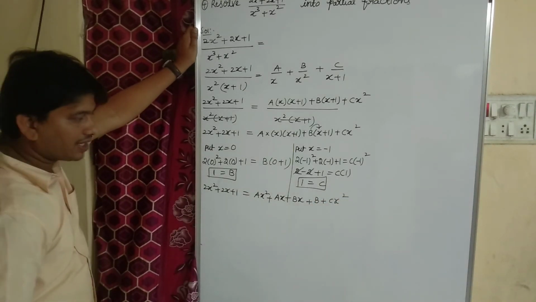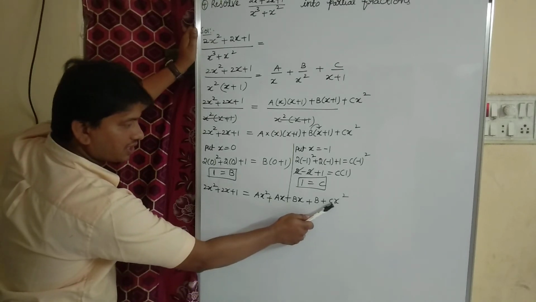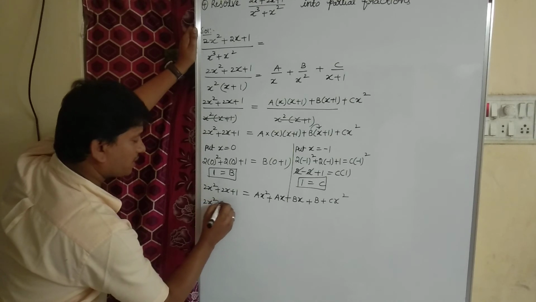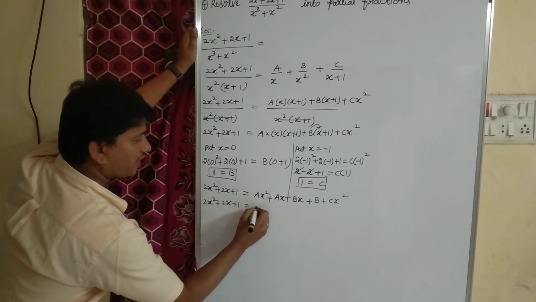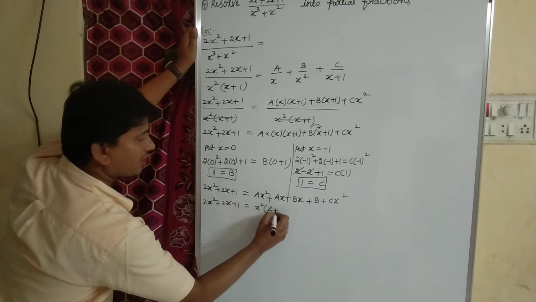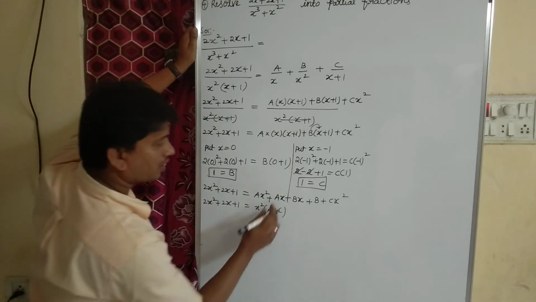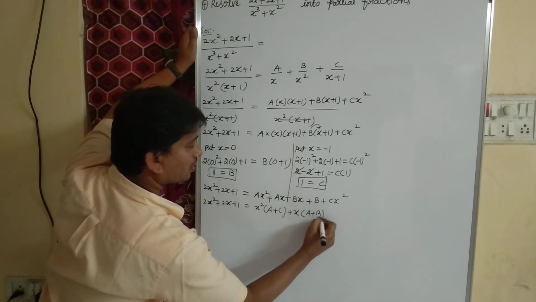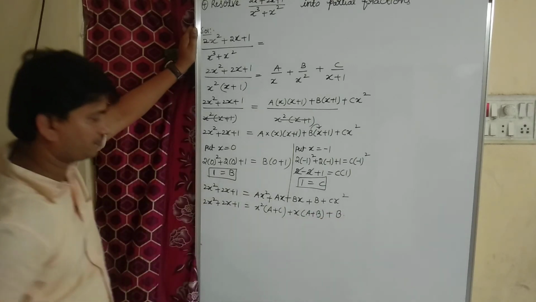So if you see the right hand side, x square terms here, this is cx square, this is ax square. So 2x square plus 2x plus 1 equal to, if I take x square common, I will get a plus c. If I take x as common here, I will get a plus b. And the constant is b.